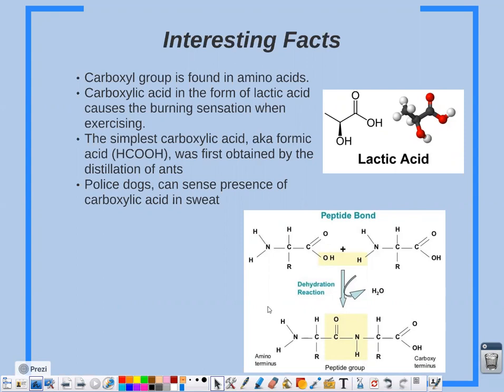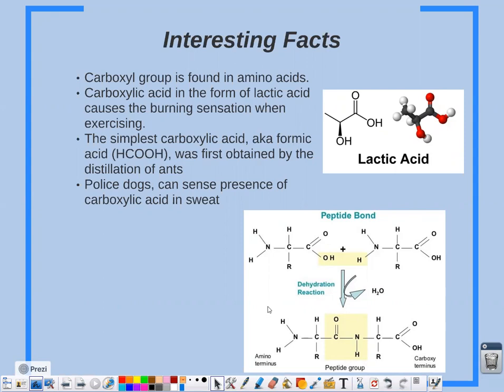The carboxyl group is also found in amino acids. Yes, lactic acid causes the burning sensation when exercising.